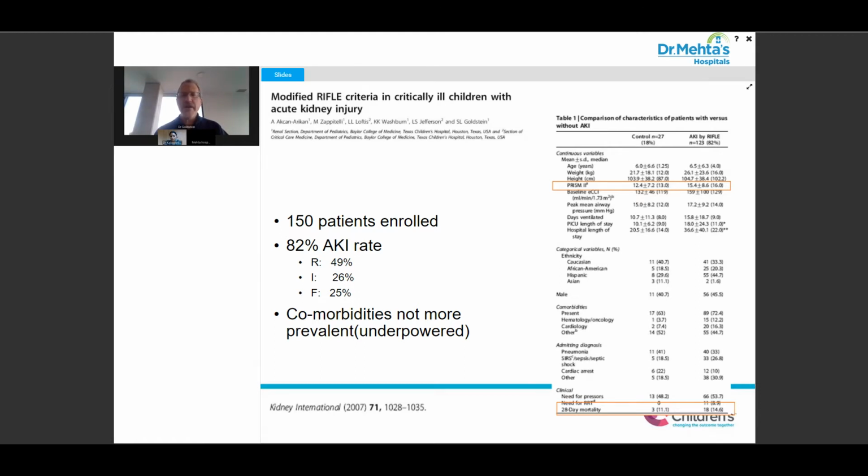And we found that patients who had I or F had increased mortality compared to patients with R or no AKI. And that's where we've differed with the adult populations. It seems that stage 2 or I and F are what are associated with mortality, and that R, as it was originally intended, is truly risk.